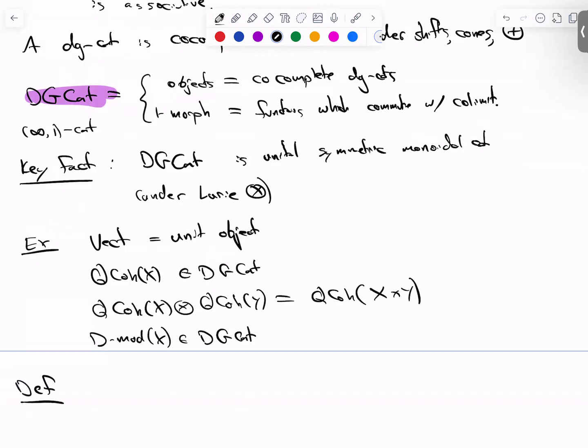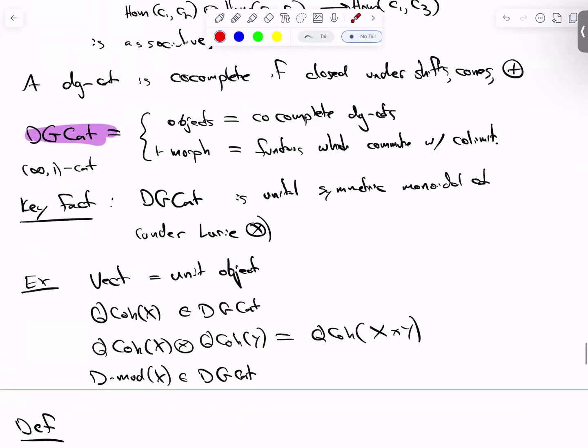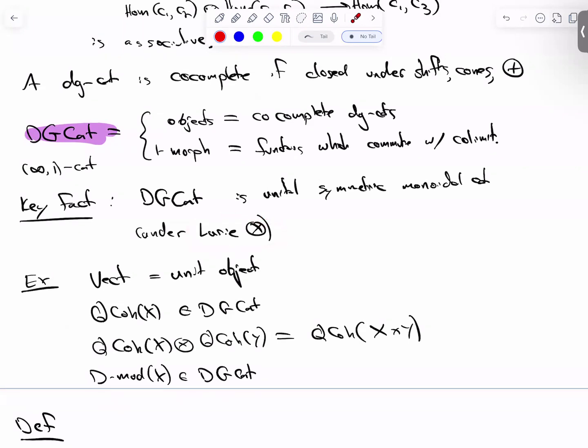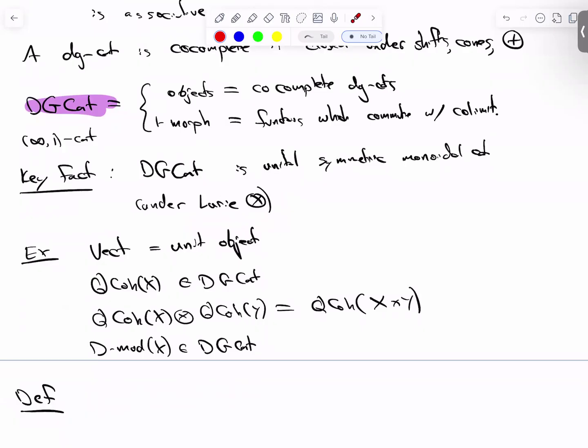Now, since this category is monoidal, it makes sense to ask what are algebra objects for it.